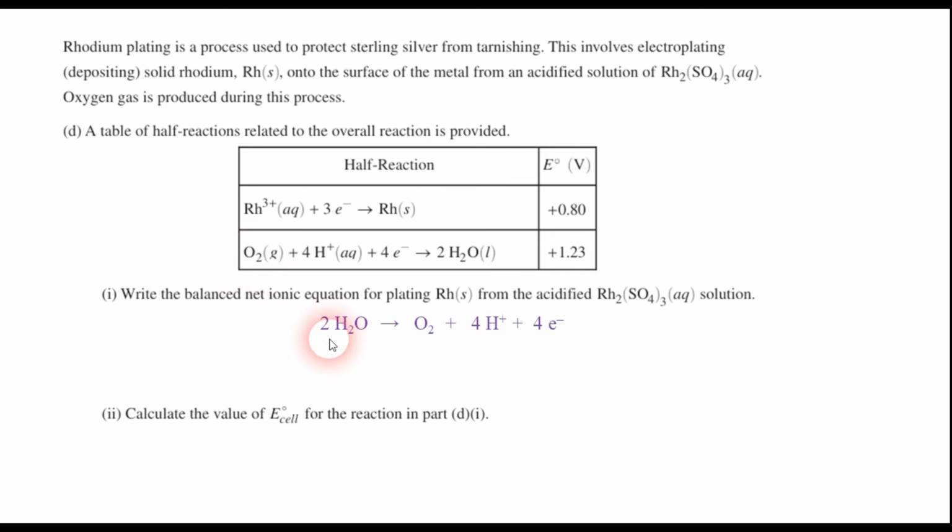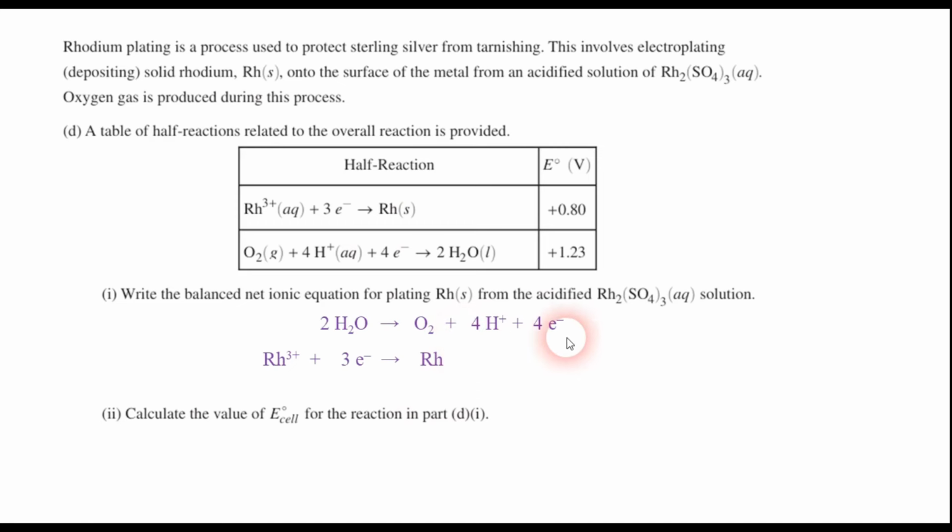And so I'm going to flip it so that 2 waters yield oxygen plus 4H plus and 4 electrons. And the first half reaction is going to stay the same because we're trying to create rhodium metal, as the problem says. So that half reaction stays as it is.